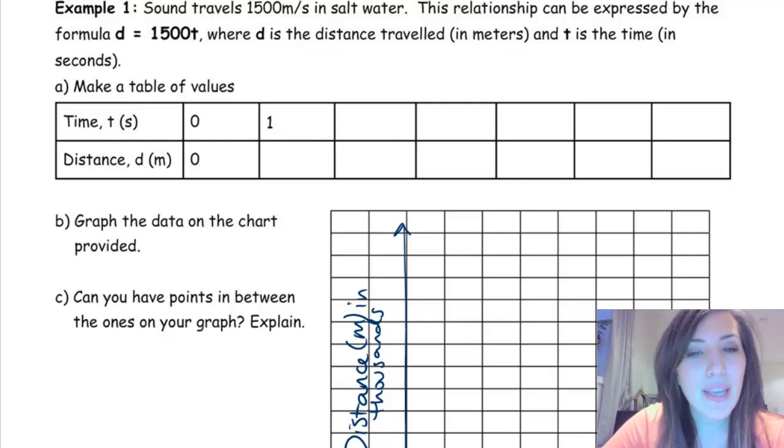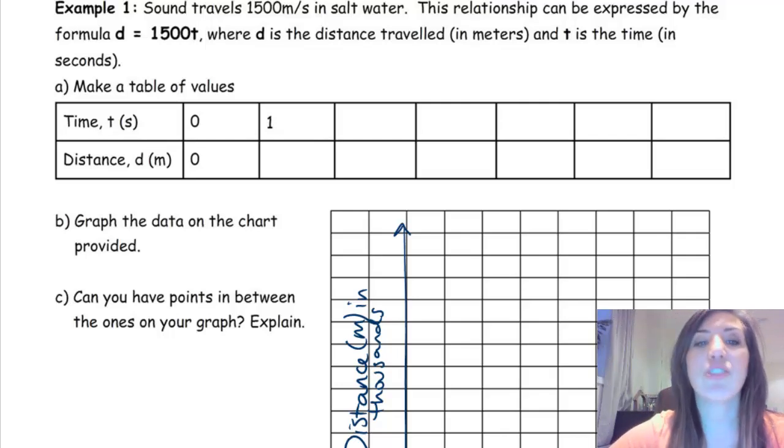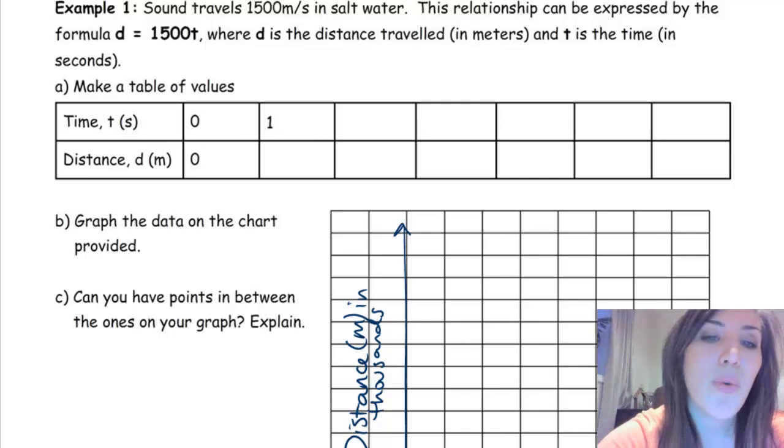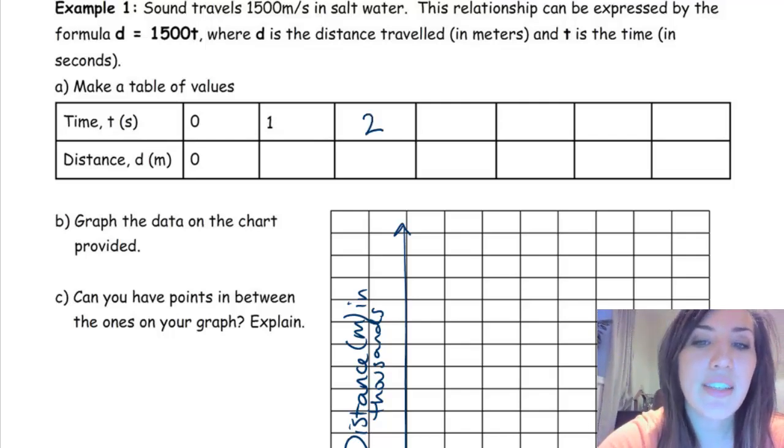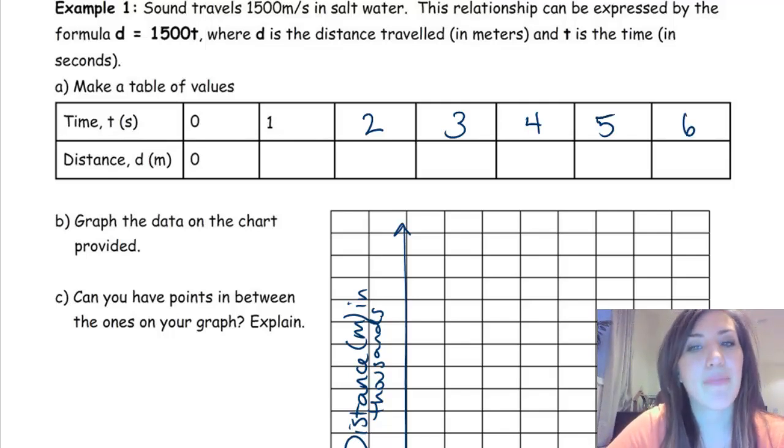It can be hard to make a table of values unless you have a starting place. So I've started us off: please start at 0 time and distance, and then let's go up the time each 1 second, so 1, 2, 3, 4, 5, and 6 seconds is what we're going to look at.